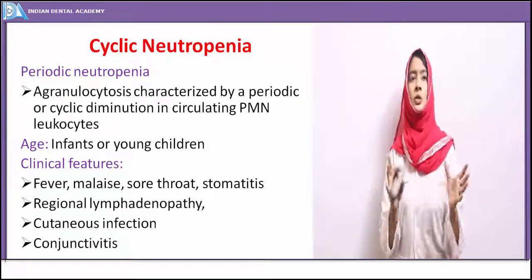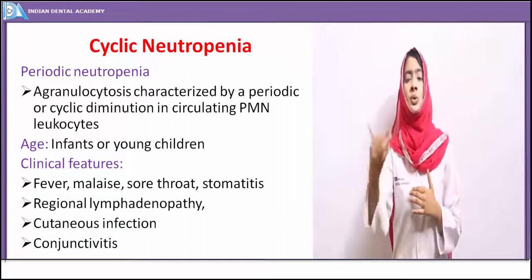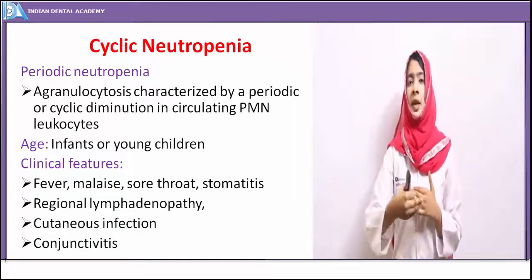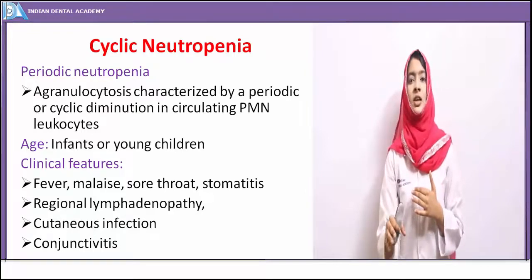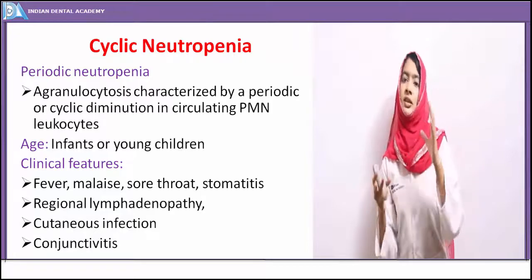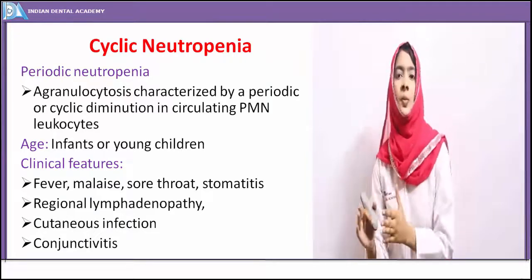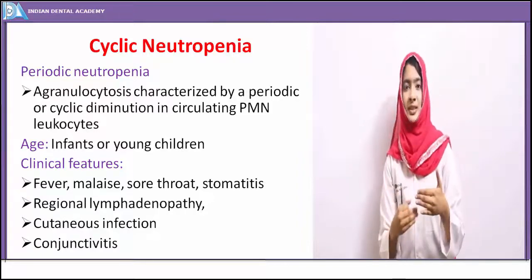Most commonly cyclic neutropenia shows a periodicity of about 3 weeks. Every 3 weeks when you take the blood picture, you see the neutropenia is present. In between you see that the blood cell counts are normal. So you never know when the clinical manifestations appear.